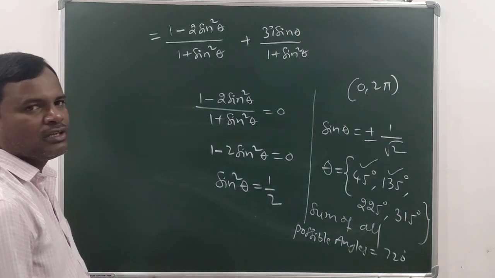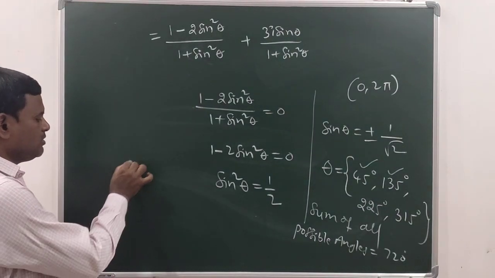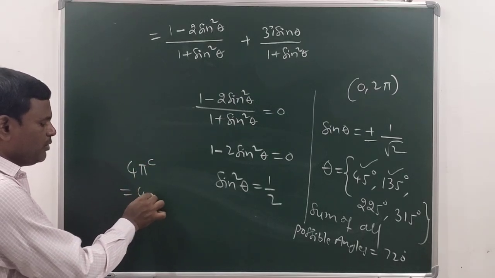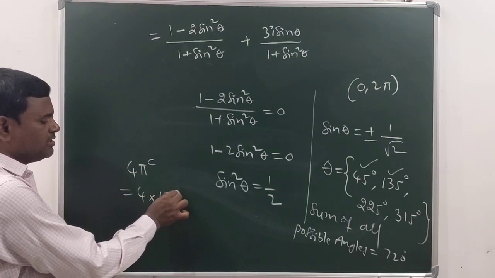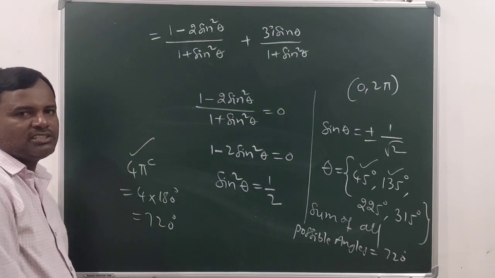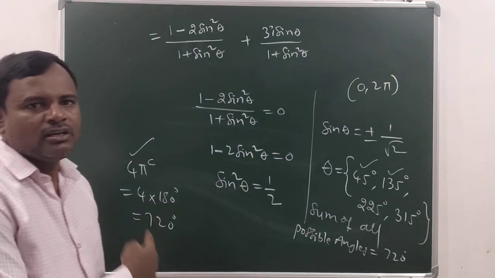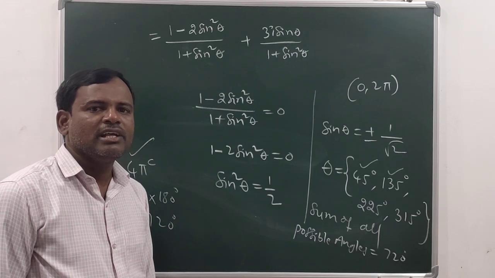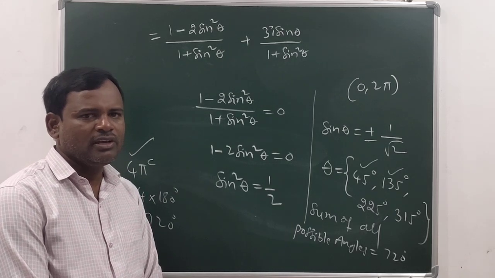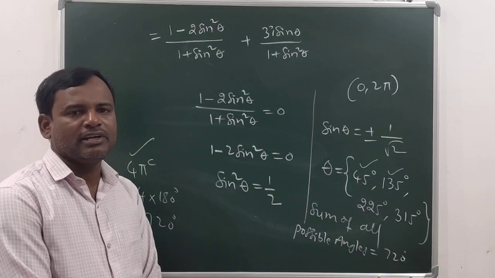In the options, they have given 4 pi radians. You know, 4 into pi radians, that is 4 into 180 degrees, is 720 degrees. Hence this option is the right answer, because options were given in terms of radian measure. Okay, I think you have got it.